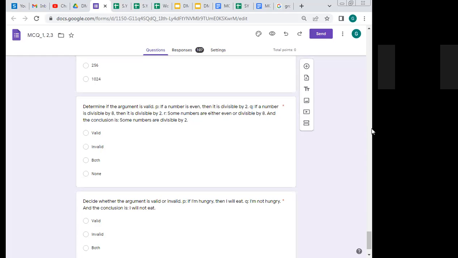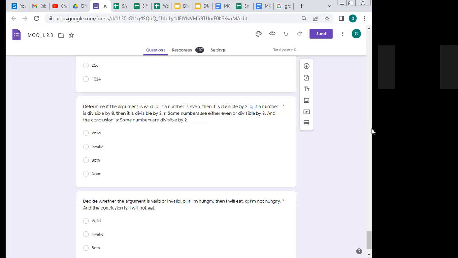And R is some numbers are either even or divisible by 8. So P becomes, if a number is even, then it is divisible by 2. Let me tell you again. A is the number is even, B is the number is divisible by 2, and C is the number is divisible by 8.